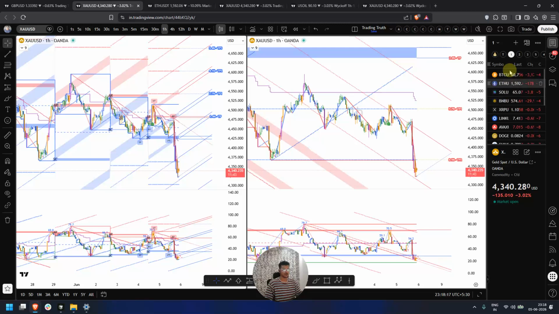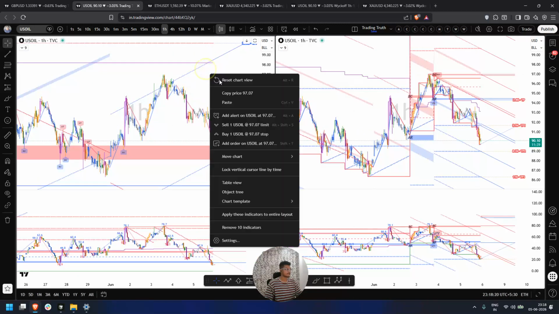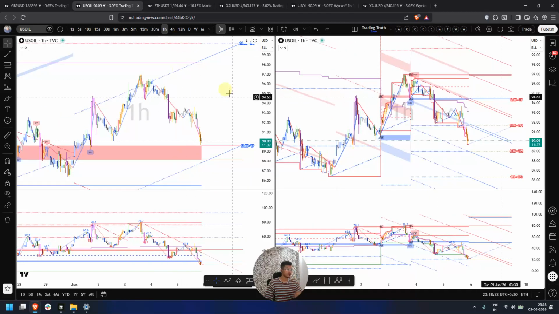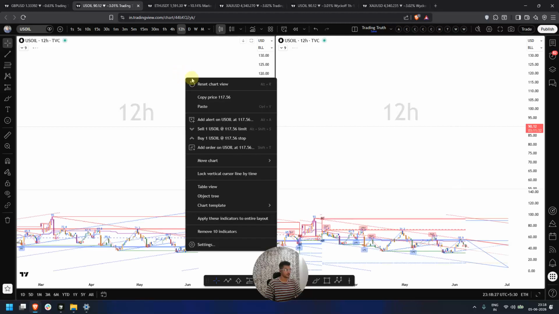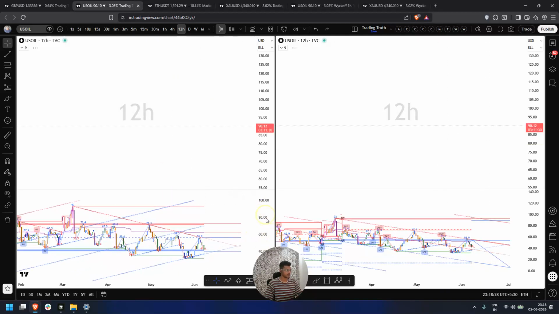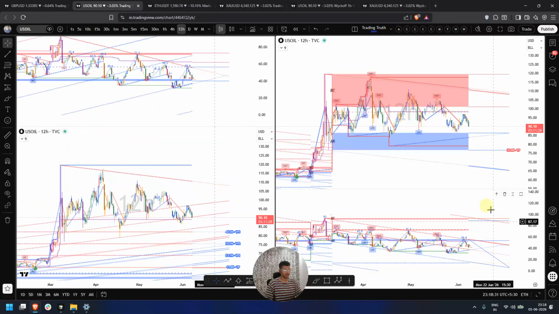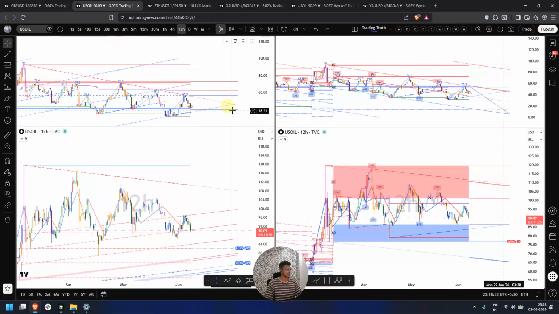Let's look at the US oil, 12 hour. What I want to show you is the RSI chart. So let's look at the RSI chart.